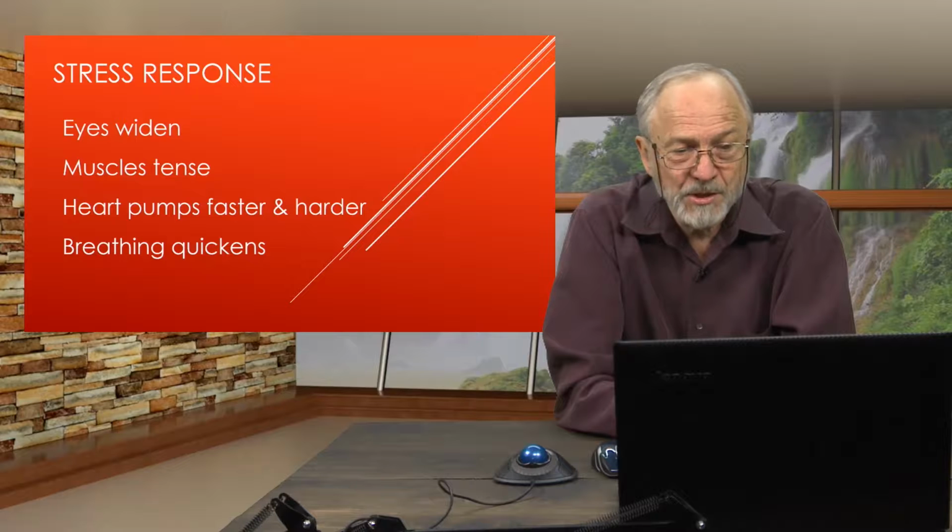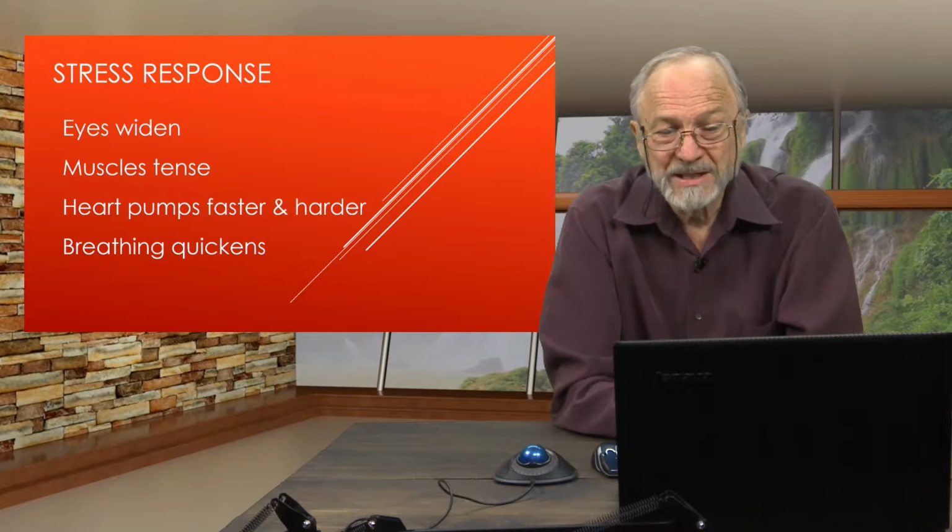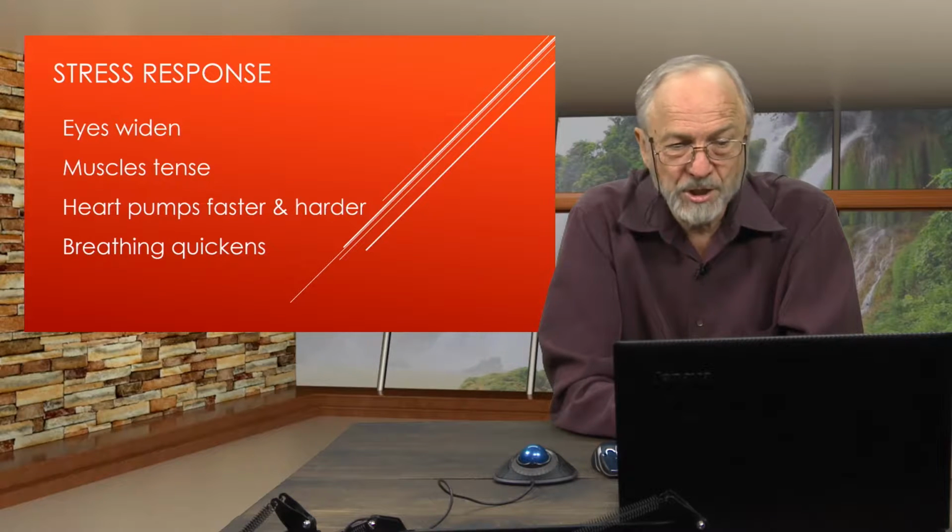The blood vessels of the muscles expand to feed the muscles more effectively, while the gastrointestinal tract constricts. Digestion's a pretty low priority process in the time of danger, therefore it shuts down.